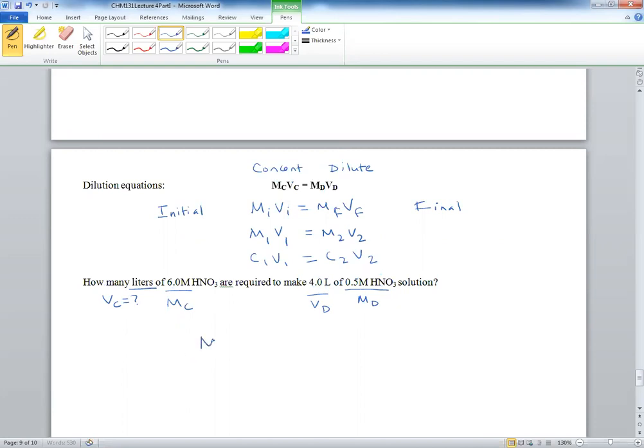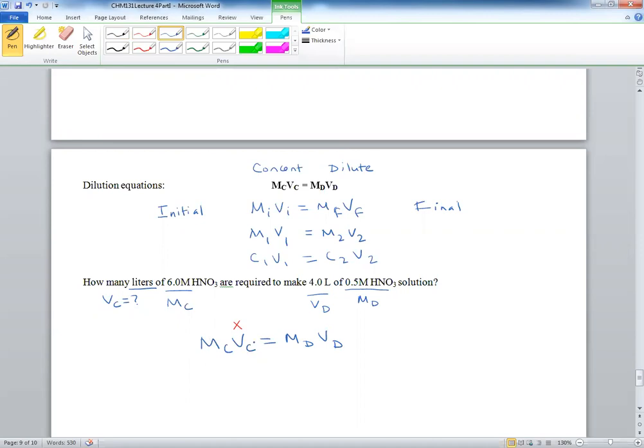So we write our equation, M sub C, V sub C equals M sub D, V sub D. And of course, we need to solve for what's unknown. So our X here is V sub C. In math, you probably know what we have to do with this.